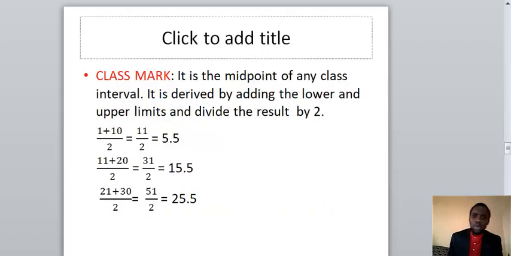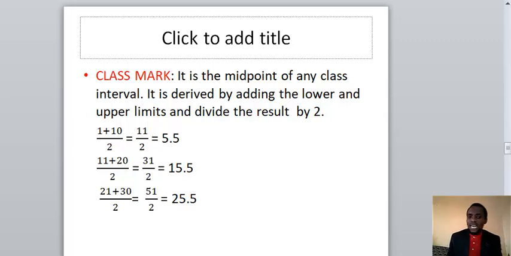If you look at the next one, another thing there is the class mark. How do we find the class mark? The class mark is the midpoint of any class interval. It is derived by adding the lower and the upper limits and dividing by 2. When you divide the result by 2, it will give us the class mark. When you look at this, 1 plus 10 divided by 2 gives us 5.5, meaning the class mark for that first one is 5.5.